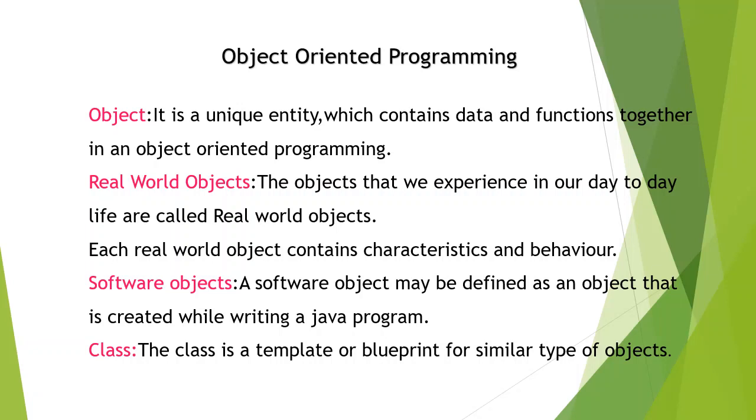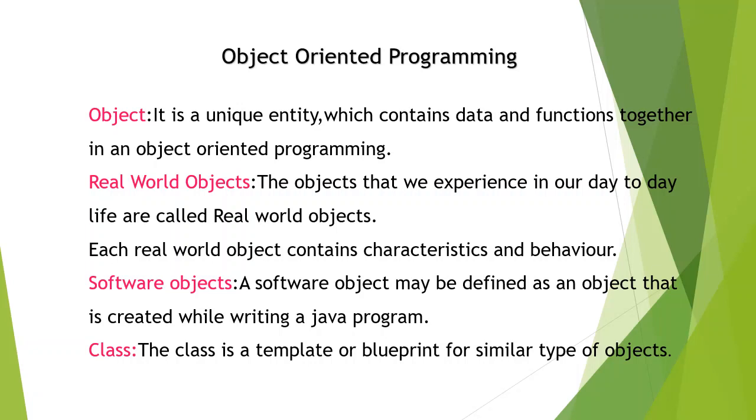What are software objects? A software object may be defined as an object that is created while writing a Java program. This is called as software object. Okay, when we write a Java program, we will be creating objects, right? Those objects are called as software objects.